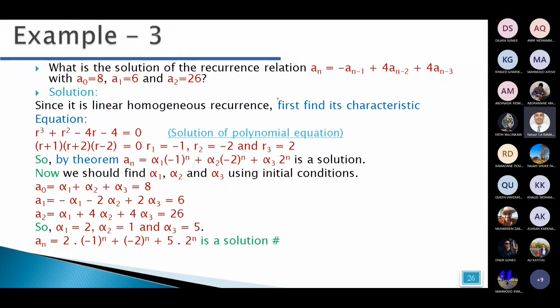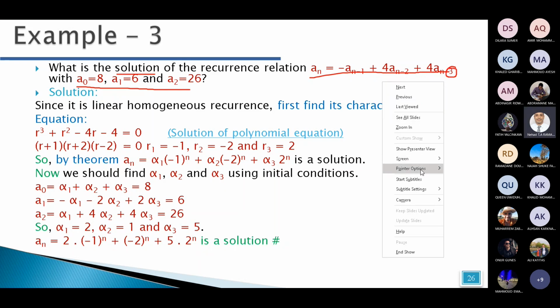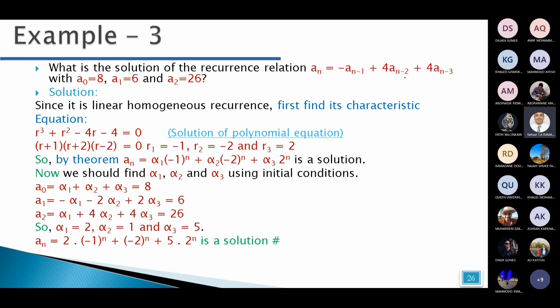Example 3, same idea. What's the solution for this recurrence relation? As you can see, we have here degree 3. This means we will have an equation with power 3, yes? So we will have a polynomial equation, because it depends on what's the degree here.